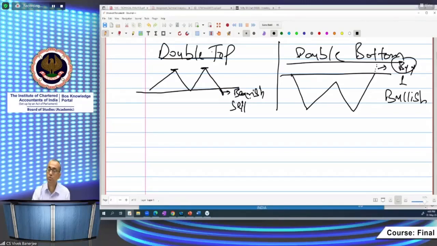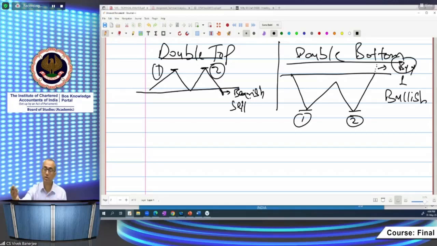So there are दो बॉटम, this is the first bottom and this is the second bottom. And after the second bottom there is an uptrend and it breaches the neckline. जैसे ही neckline को breach किया, it is a buy signal. डबल टॉप में दो टॉप है. This is the first top, this is the second top. And after the second top, when the price comes down and it breaches the neckline, this is a bearish signal or sell signal.